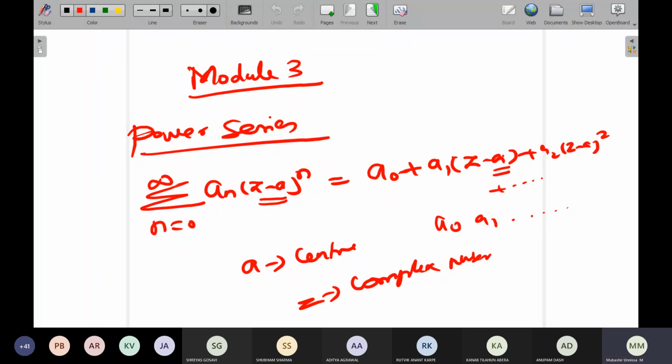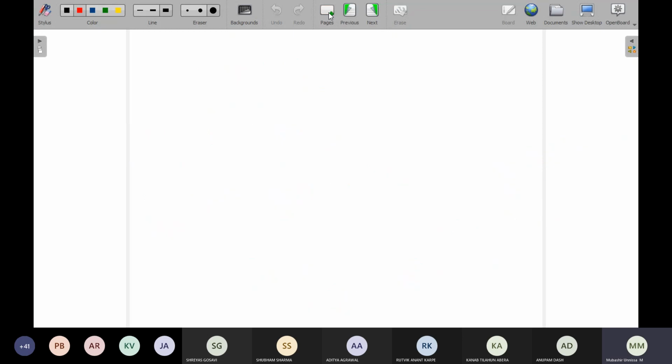Then you can just directly take down the Taylor series expansion.